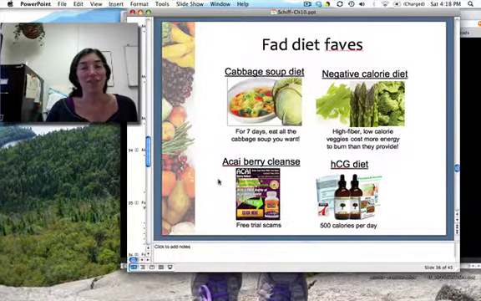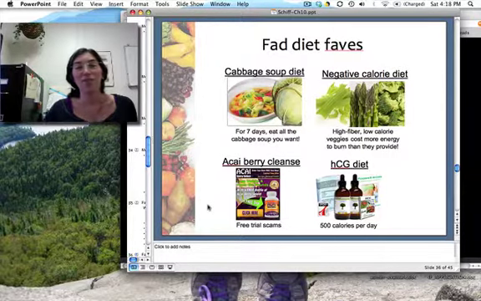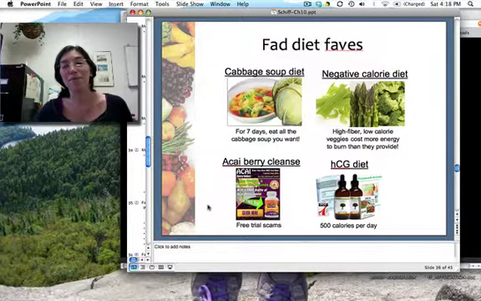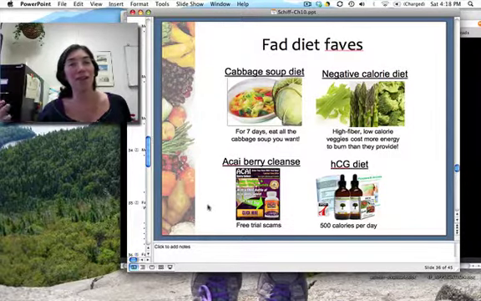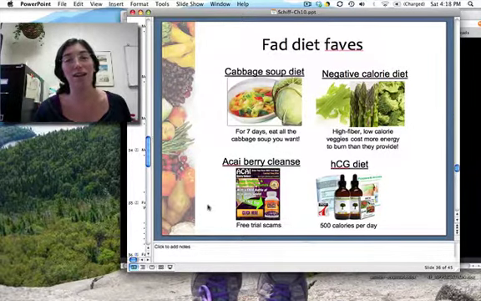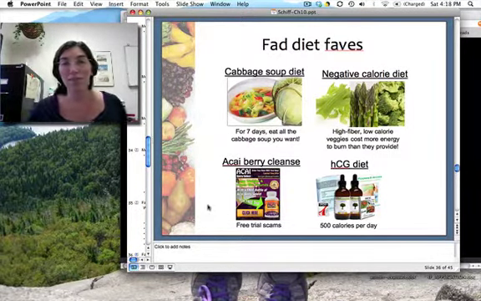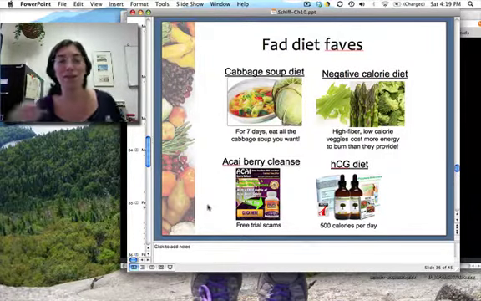Acai berry diets, or the acai berry cleanse diets, these were a big scam a couple years ago. Acai berries became this hot superfood because they happen to be very high in antioxidants. And Oprah was promoting them, and all these things were promoting them.